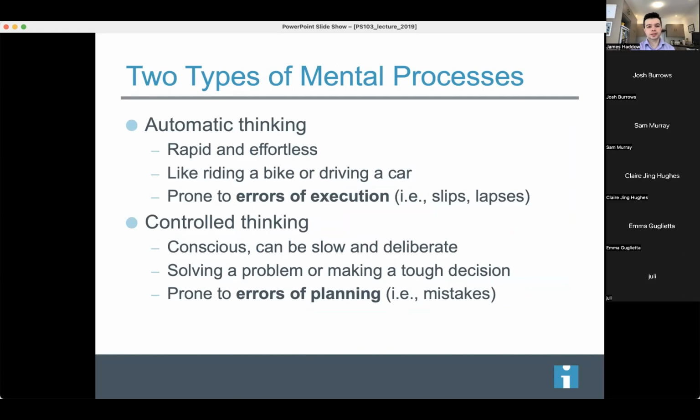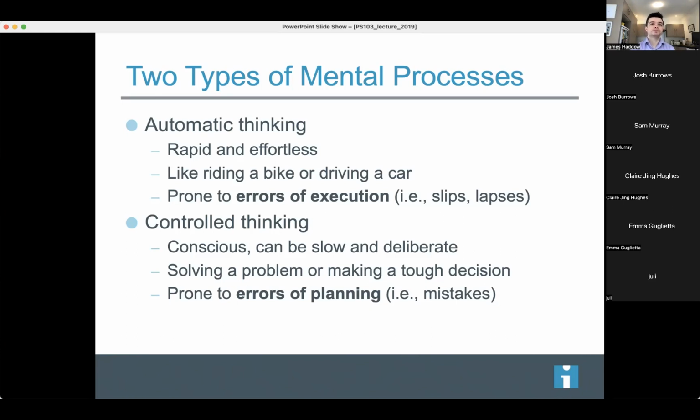So automatic thinking is what some people call heuristics. And that's where you get really rapid decision making. And sometimes you don't even know how you've come up with that decision. You just kind of know it. It can be that rapid. It's a bit like riding a bike or driving a car. But it is prone to errors of execution.